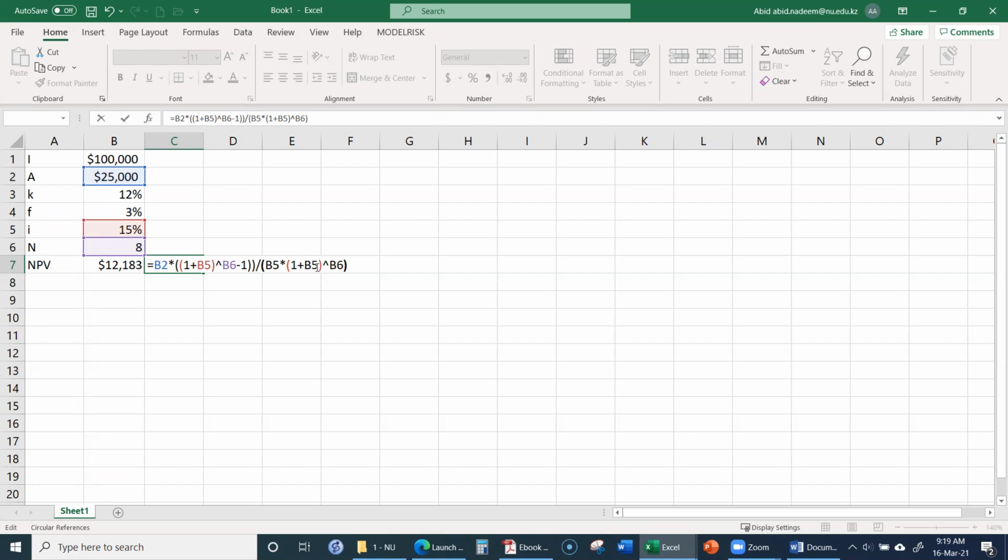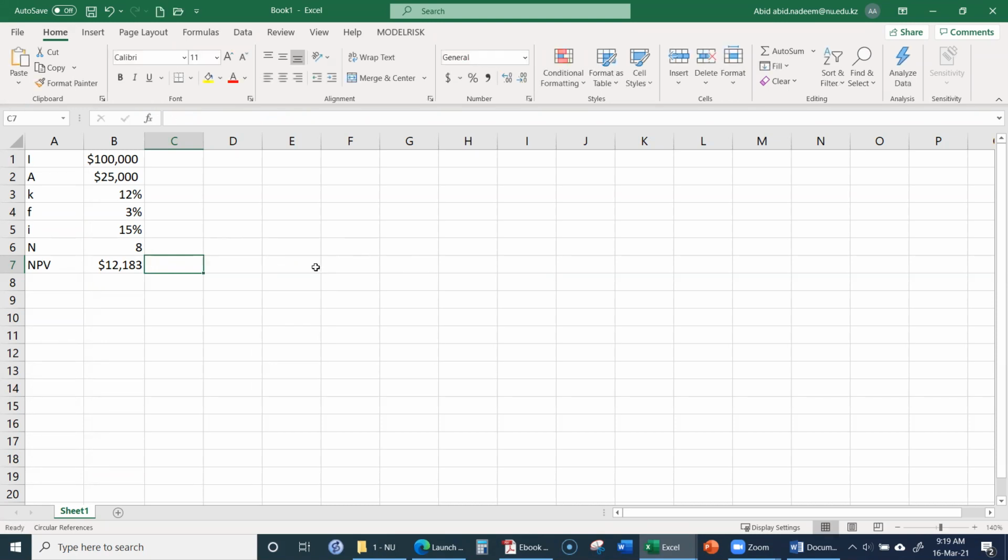Okay. So in this case, this formula is okay. Maybe we can just take this. I made some mistake over here. So it is 25,000, multiplied by 1.13 power 8, minus 1.